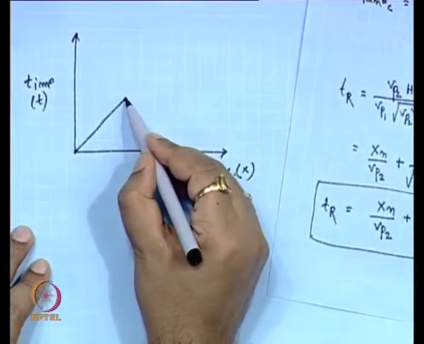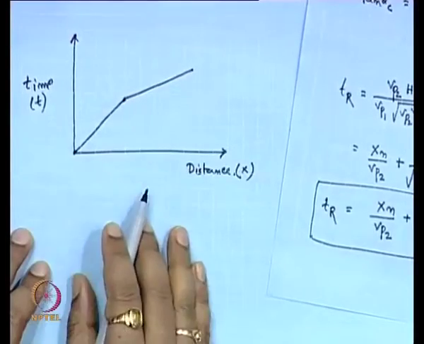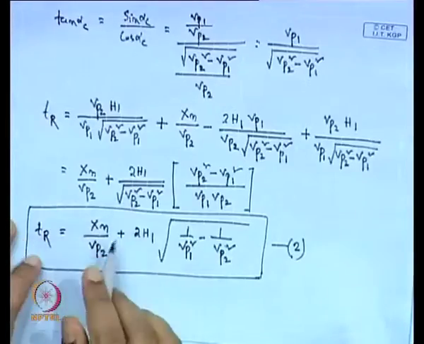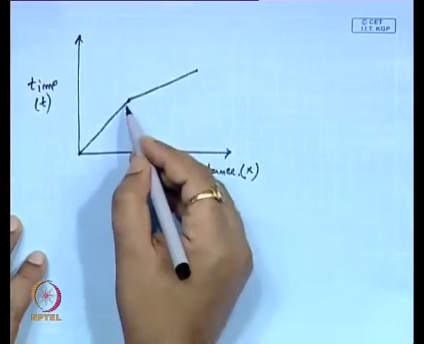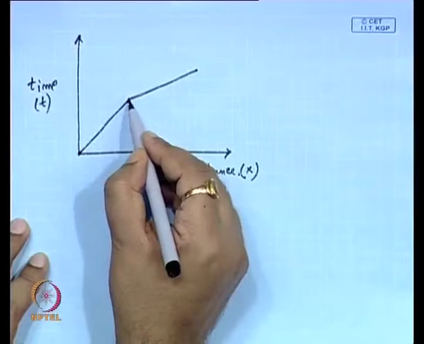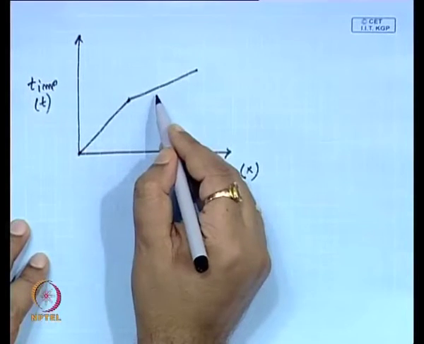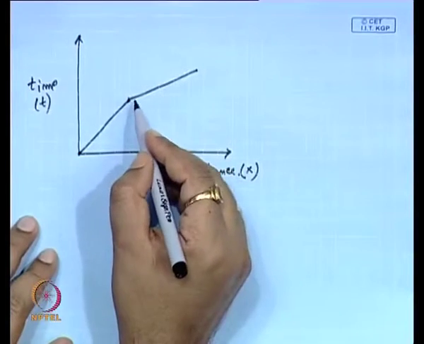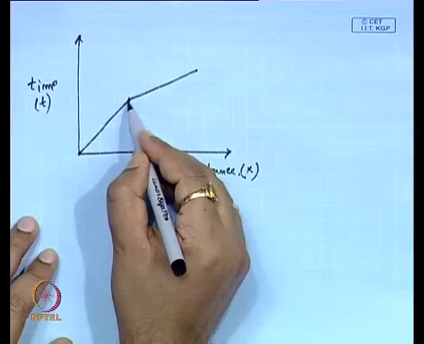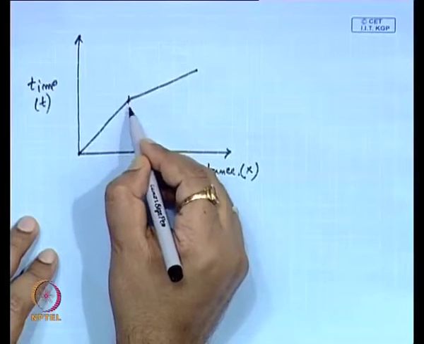So, there are 2 graphs where the slopes are different, and we can point out the point of intersection of these 2 straight lines.